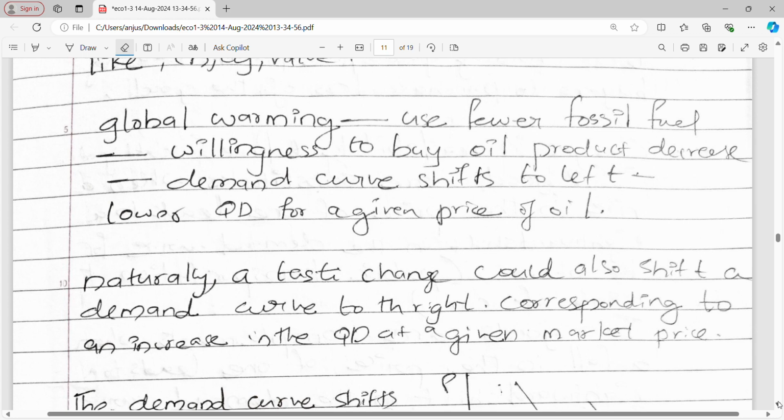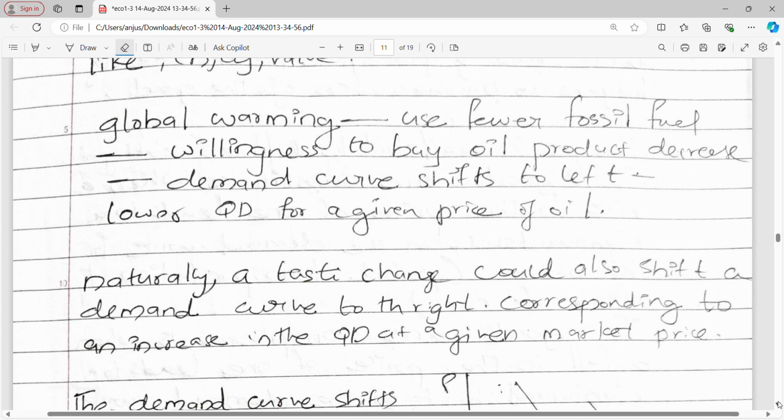For example, international organizations advise us about global warming to use fewer fossil fuels. Then because of your ethical mind, you will be willing to buy fewer oil products compared to your previous purchases. The oil product purchases decreased.